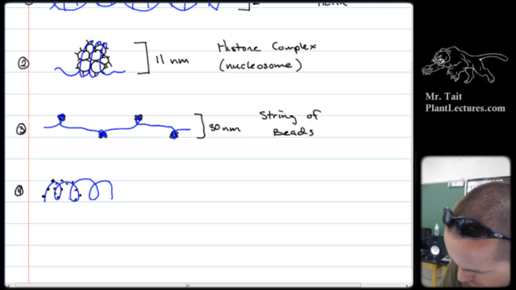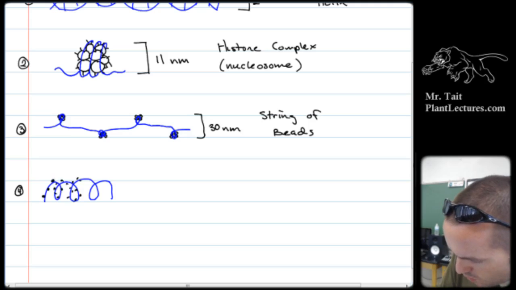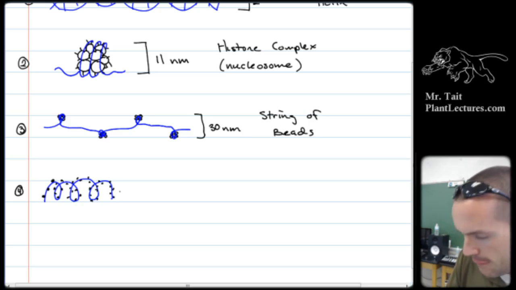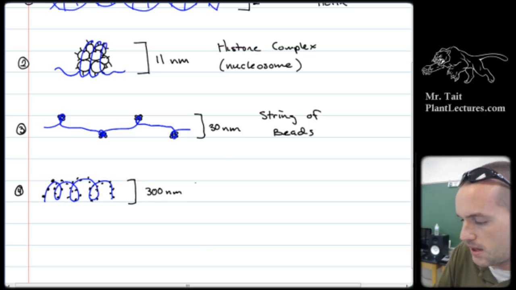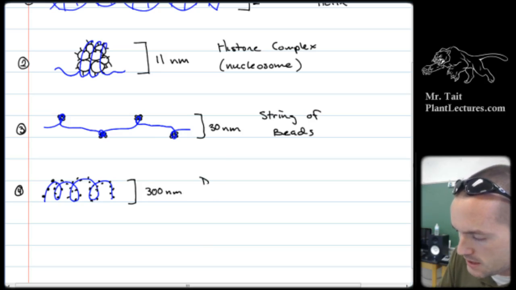The histone complex is on either side of this coil, and it's coiled up. The string of beads is coiled like so. Okay, the diameter of this is roughly 300 nanometers, so much bigger. Okay, and this is called a DNA coil.